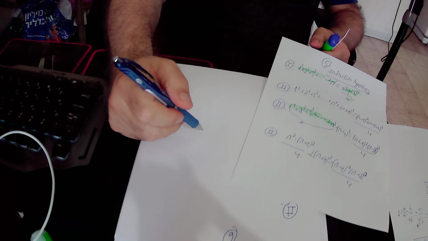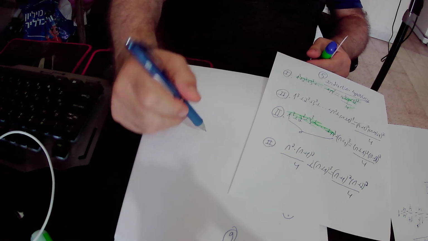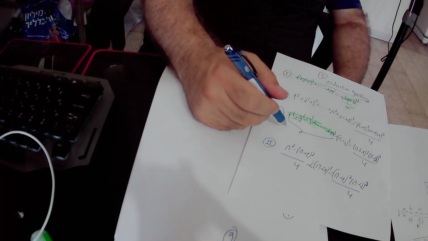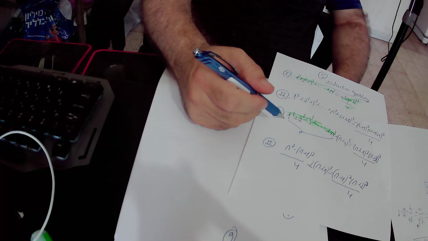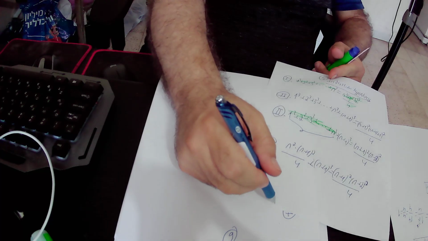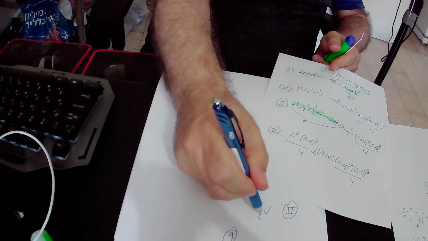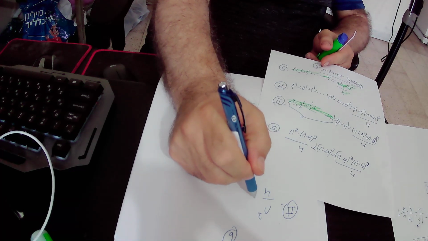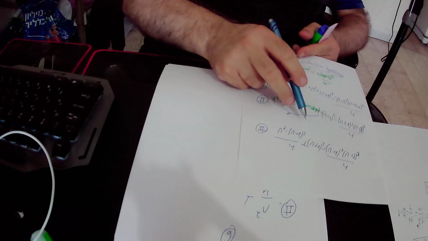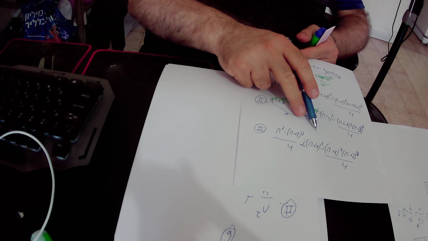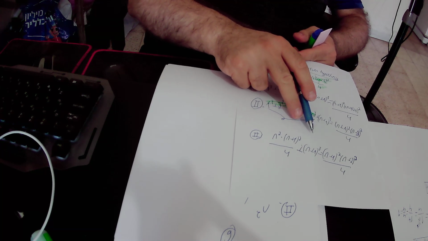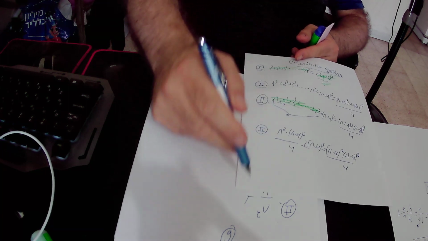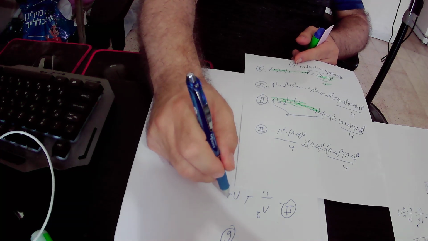So n squared times n plus 1 squared divided by n plus 1 squared will be n squared, and we divide it by 4, plus n plus 1 to the power of 3 divided by n plus 1 squared will be n plus 1.